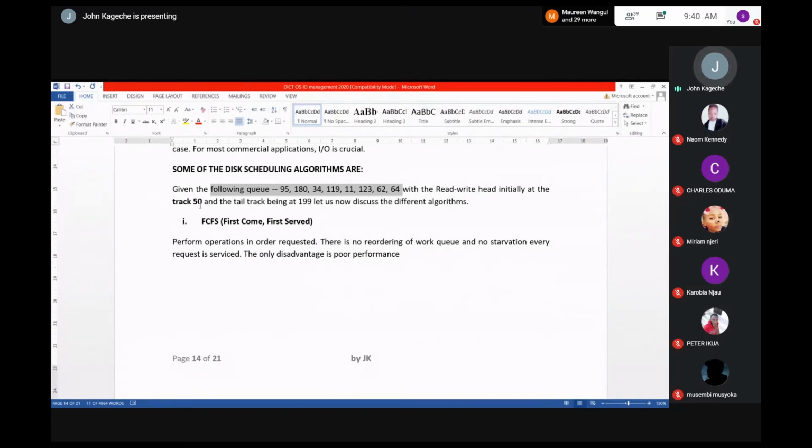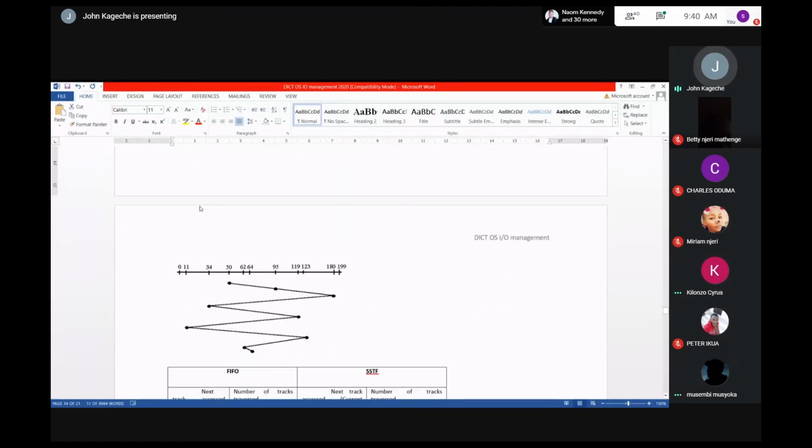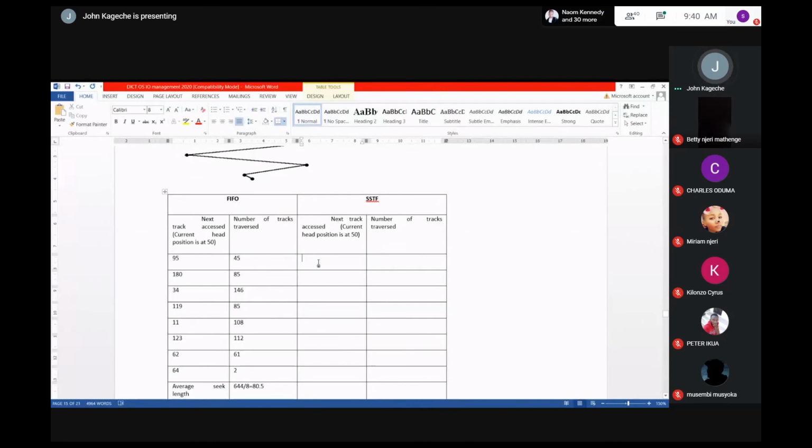Now, if you do 50 minus 34, is how many tracks? 16. What about 50 minus 62? 12. You do the calculation. Which is closer to 50? 62. So basically now, I'll come here and do what? Closest one. I'll do 62.